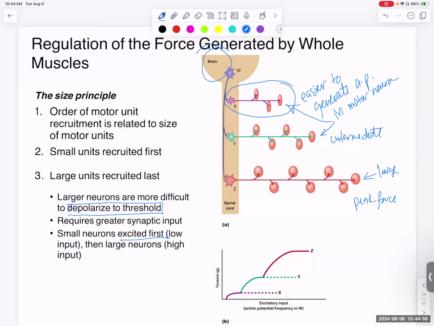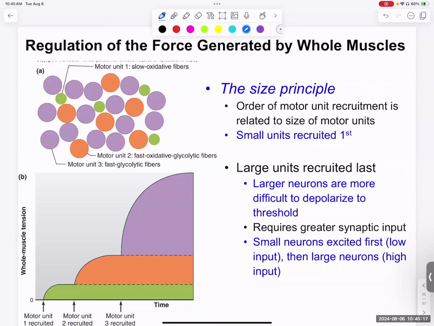The upper motor neurons have to work harder in those big motor units. And it's interesting, not sure exactly why, but it seems they have to work harder to create enough graded potentials in the large motor neurons in order to reach threshold. And so there's this recruitment based on size.